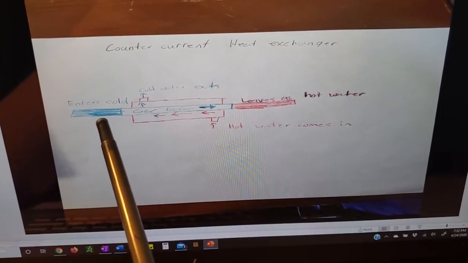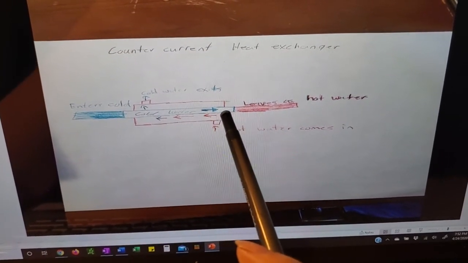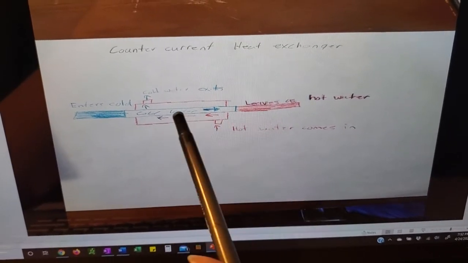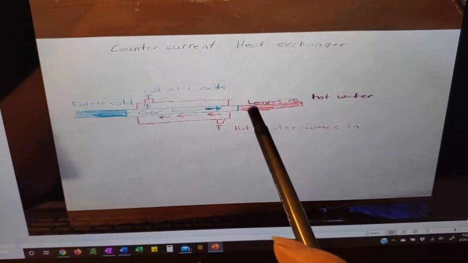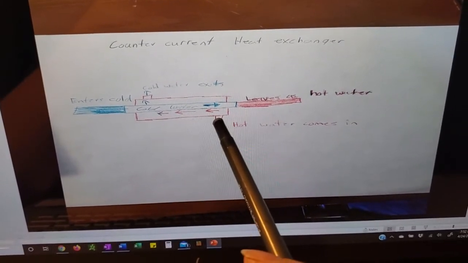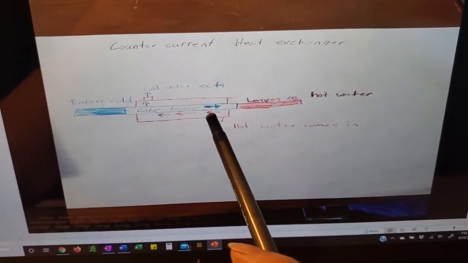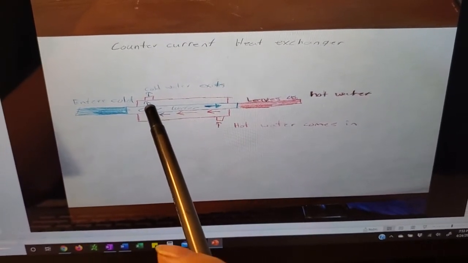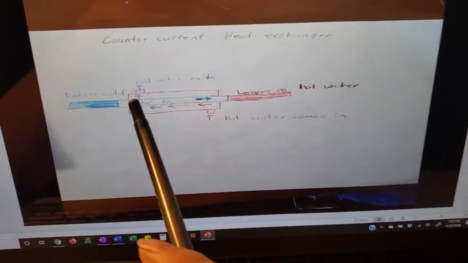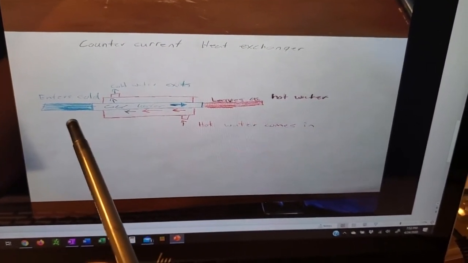So what's going to happen is the cold water enters and it gets warmed up as it's going across the membrane, going through that pipe, and it'll be warm by the time it leaves. The hot water is coming in and it starts out hot, and by the time it gets to the other side, it's cold. So here's another example.